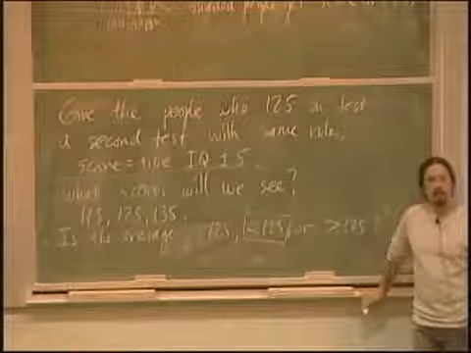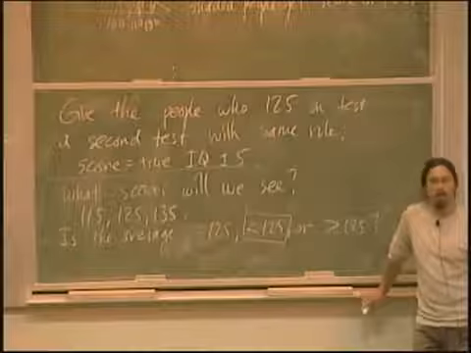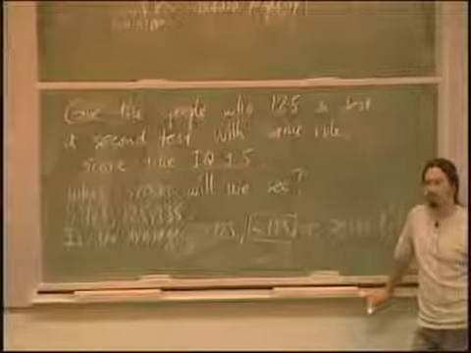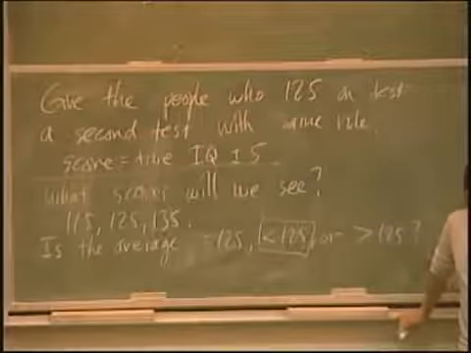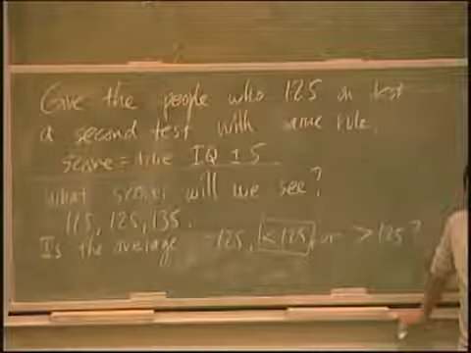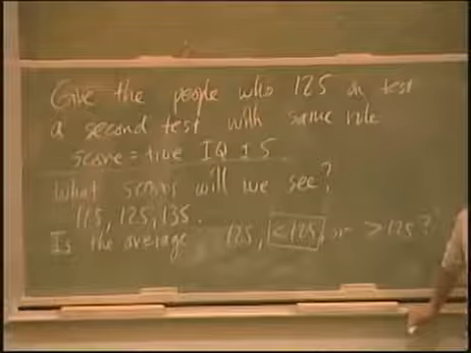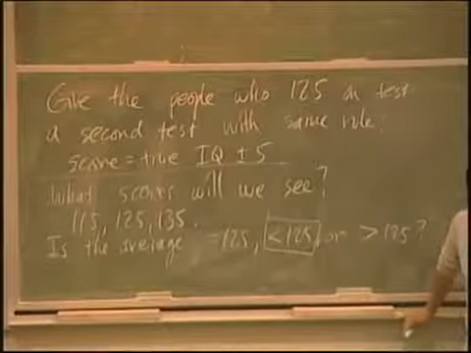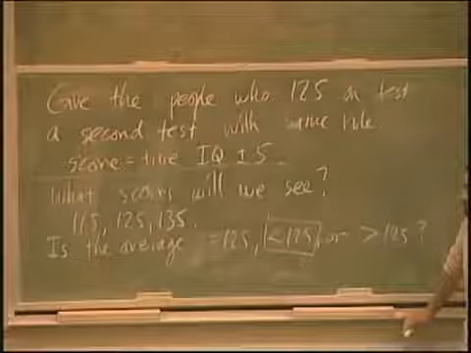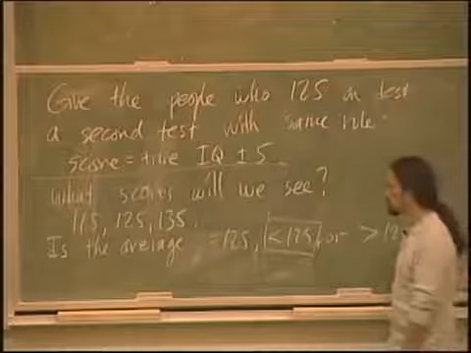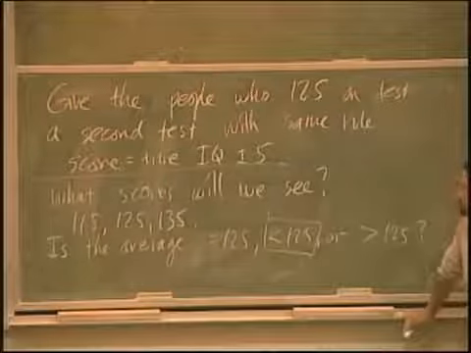So anyone want to say why now? Why is it smaller than 125? Yeah. Since there are more people with a true IQ of 120, say half of them get 115 or so.